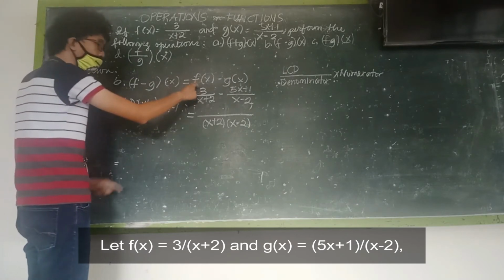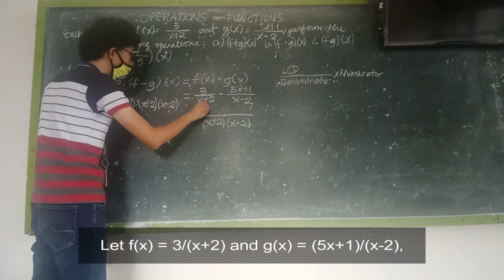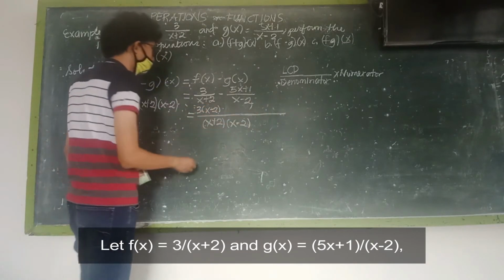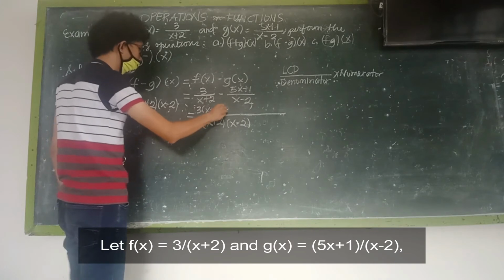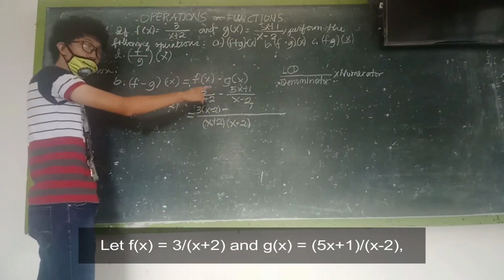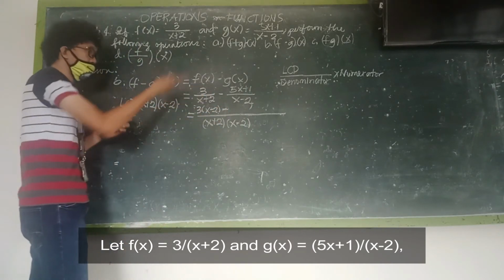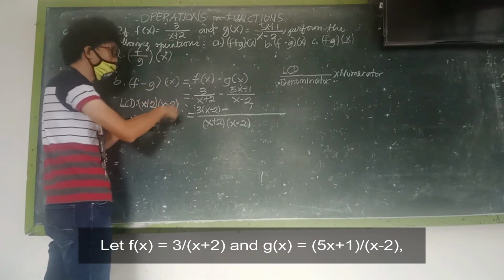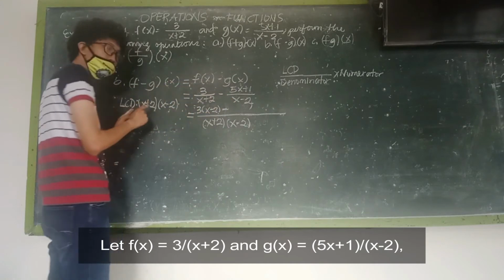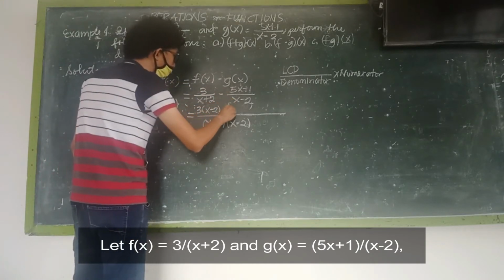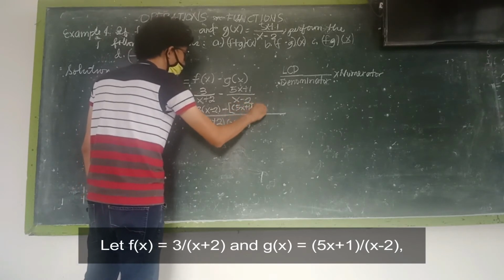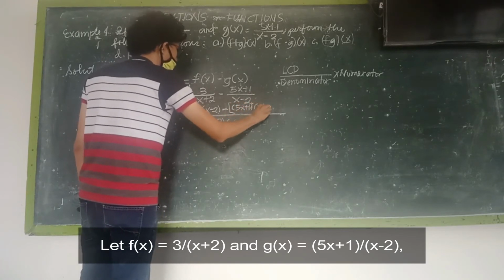So, ang x minus 2, yun ang i-multiply natin kay 3. 3 times x minus 2. Minus tayo kasi subtraction ang operation natin. Same process, LCD, x plus 2 times x minus 2 divided by x minus 2. So, x plus 2 matira. I-bracket natin siya. So, magiging 5x plus 1 times x plus 2.